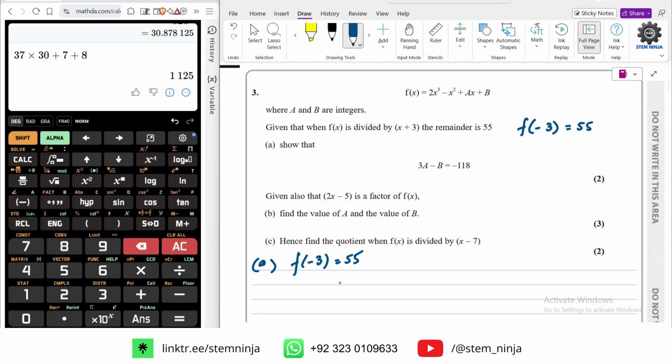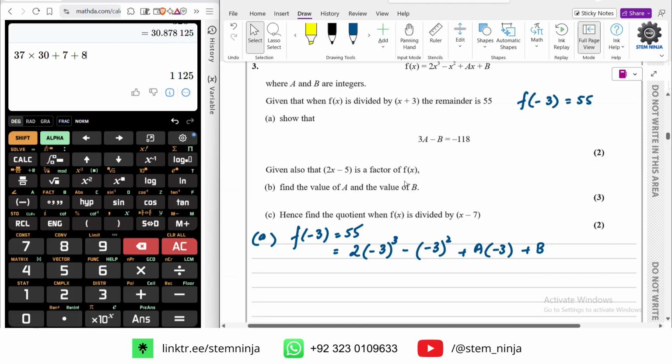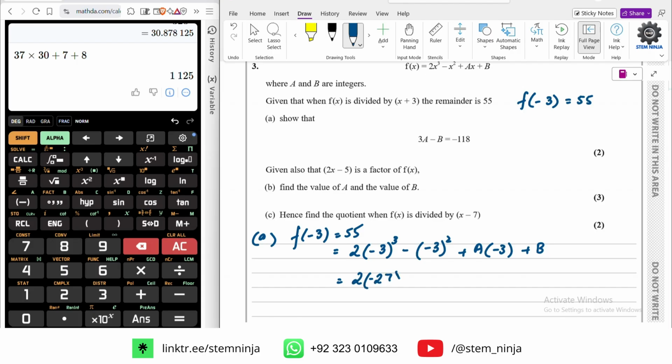So we further do this, that you have 2 times minus 3 cubed minus minus 3 squared plus a times minus 3 plus b, and that is equal to 55. So minus 3 cubed is minus 27, and then minus 3 whole squared is just 9, minus 3a plus b.